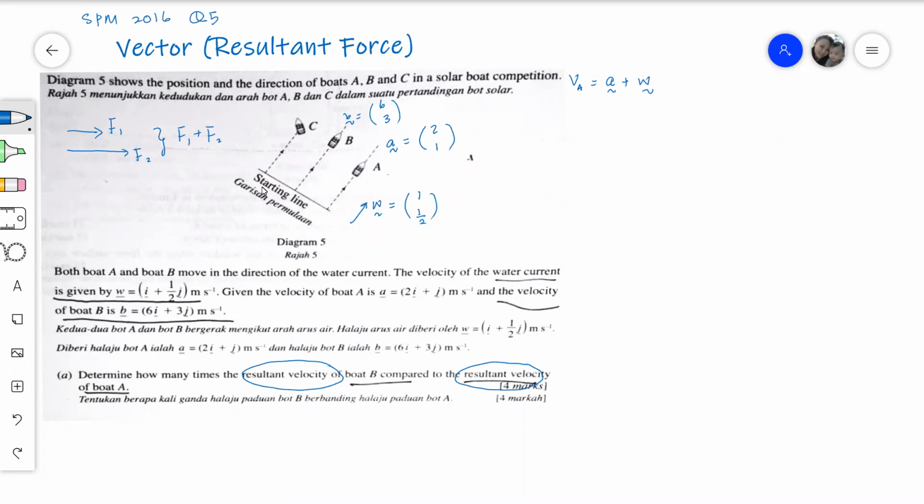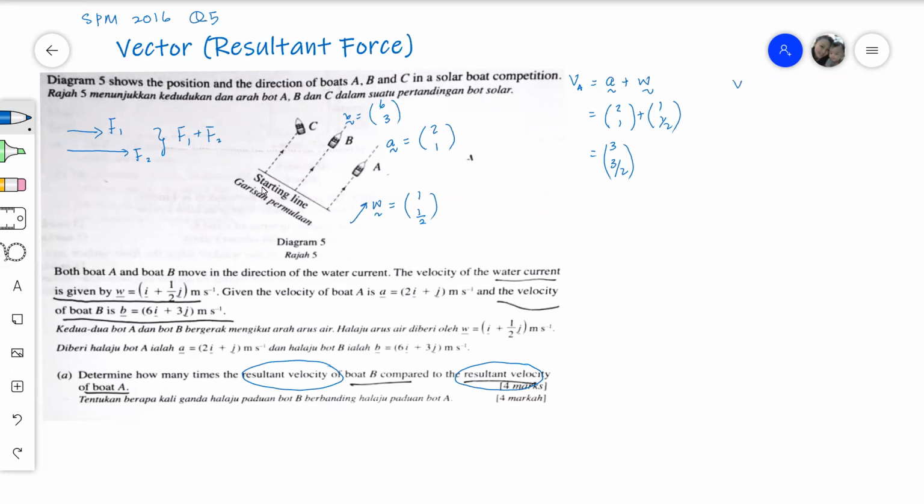Okay, so in that case, A is 2, 1, and W is 1, half. So we will have 3 and 3 over 2, because 1 plus half, changed to an improper fraction, is 3 over 2.